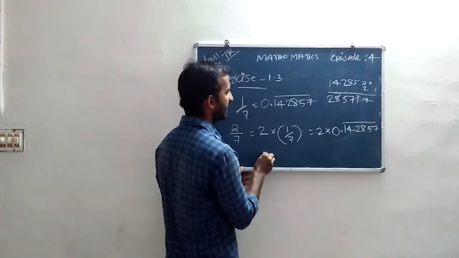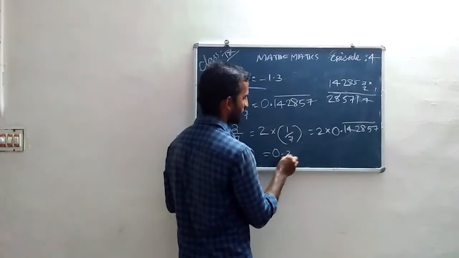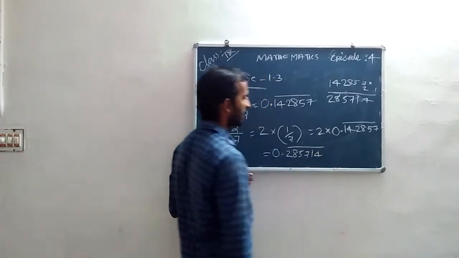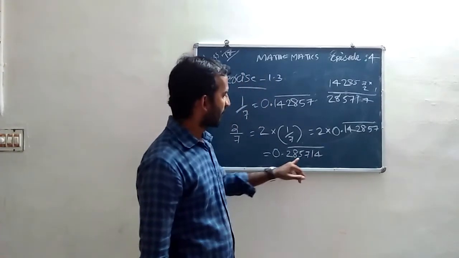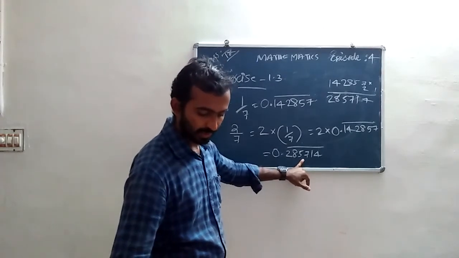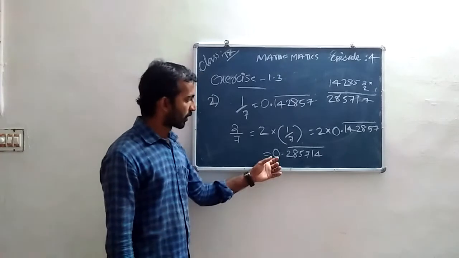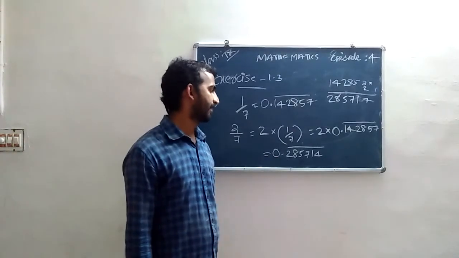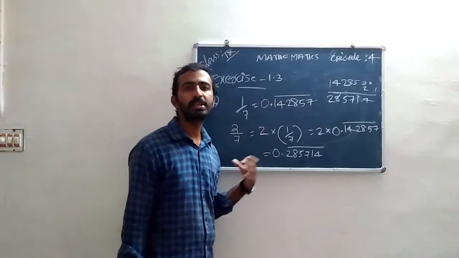The answer is 0.285714 repeating. This is the answer for 2 by 7.